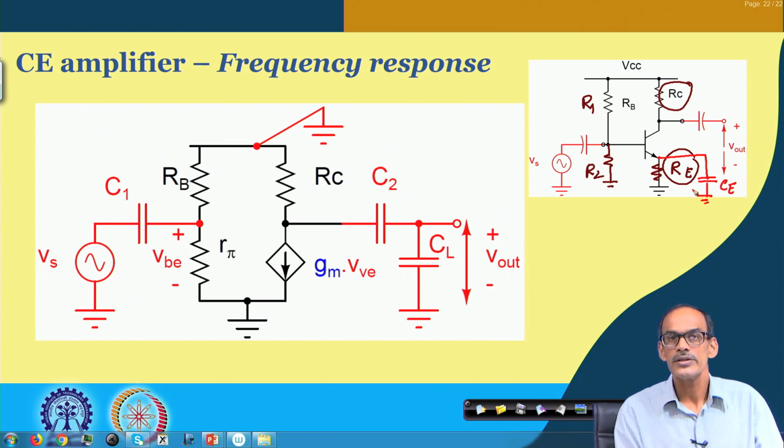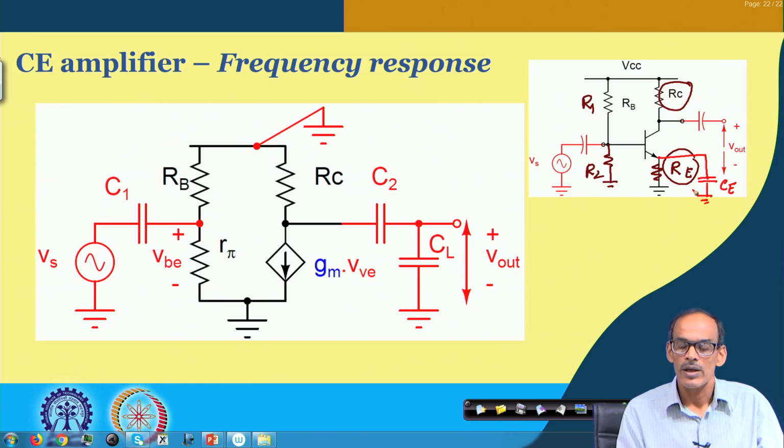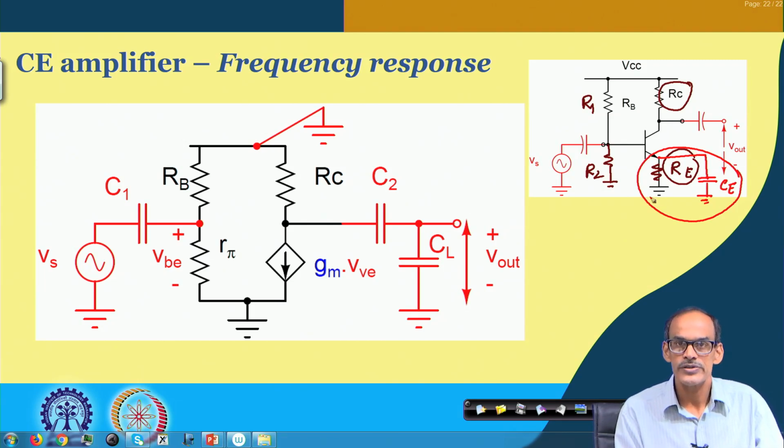Now, this C e also has some role to play in defining the upper or lower cutoff frequency, that can be seen later. So, probably we need a dedicated class to discuss the frequency response of this self biased common emitter amplifier.